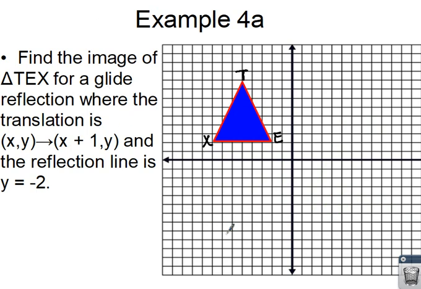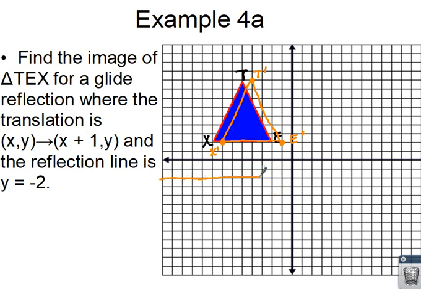Alright, same triangle. I'm going to do (x plus 1, y), and then the reflection line is y equals negative 2. So x plus 1 means it would just shift to the right 1. And then the reflection line is y equals negative 2.